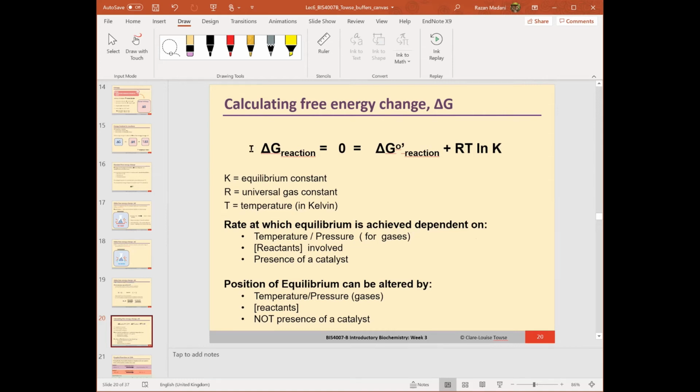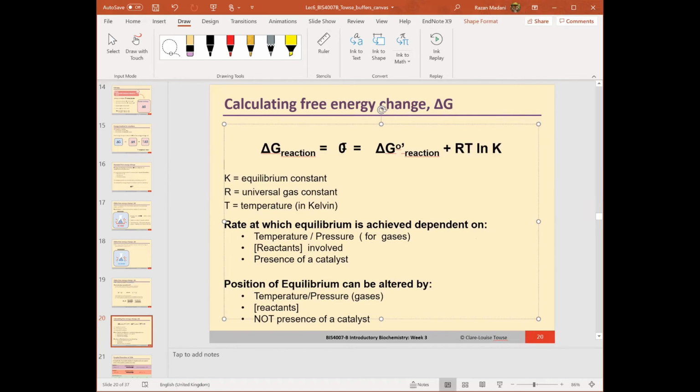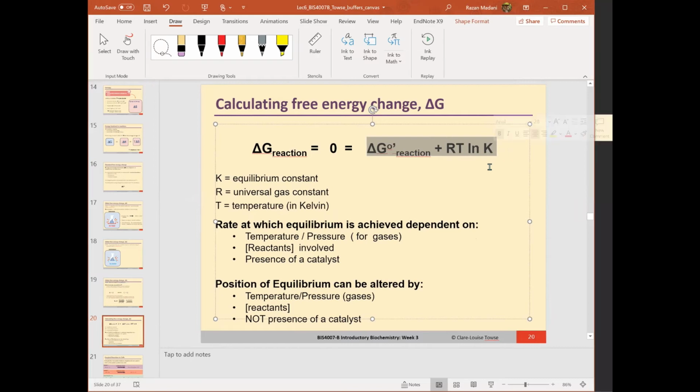So this equation is basically for when something is in equilibrium. When our reaction is in equilibrium, that means if you get a 0, that also means it's equal to that. It's like in math, let's say you have an unknown and you say if x equals this and x equals 0, then it also equals that.